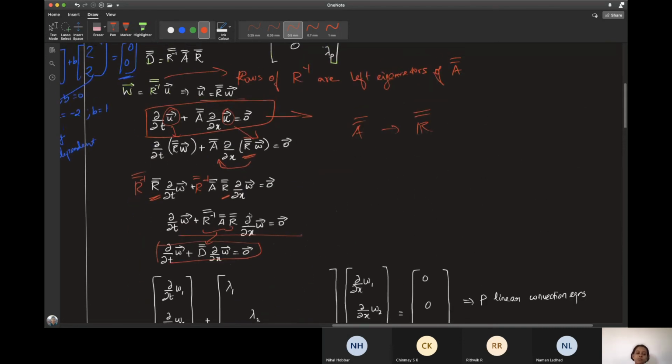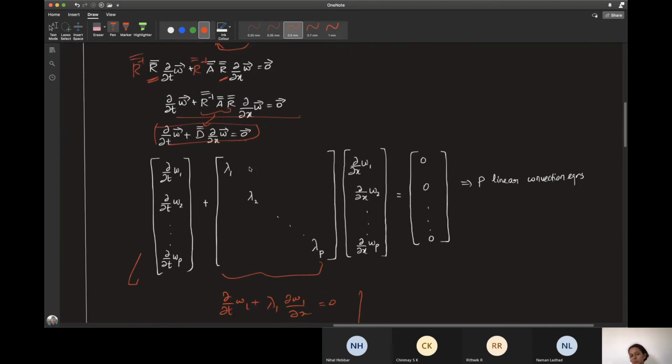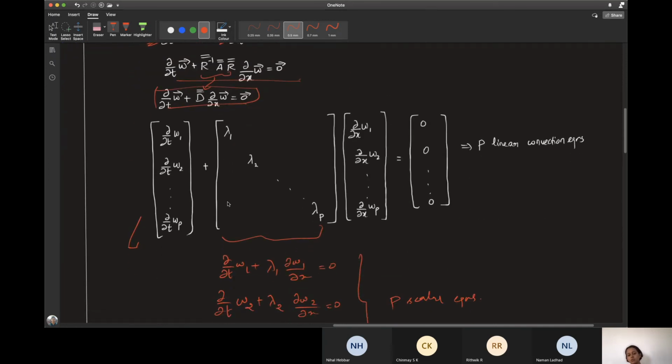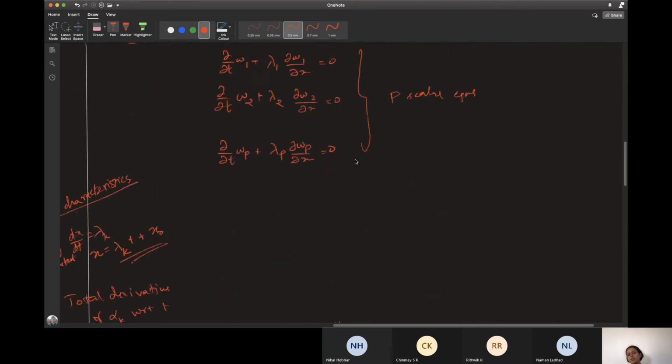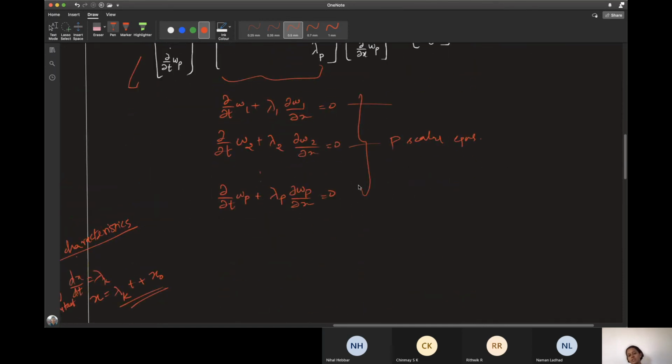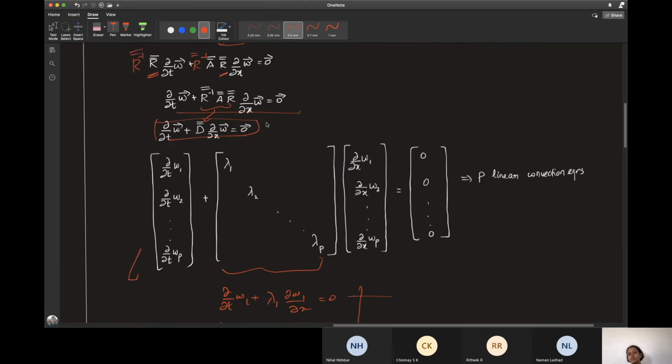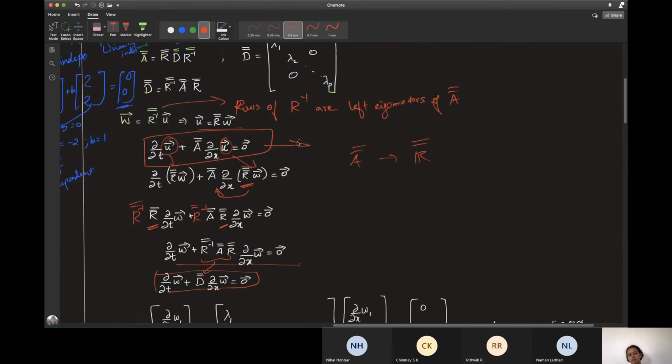Initially we had a system, and because of this eigenvalue decomposition we were able to decompose that system into p different scalar equations. Now similarly we can solve each of these equations separately, and we can find the solution for the whole system in terms of u vector.